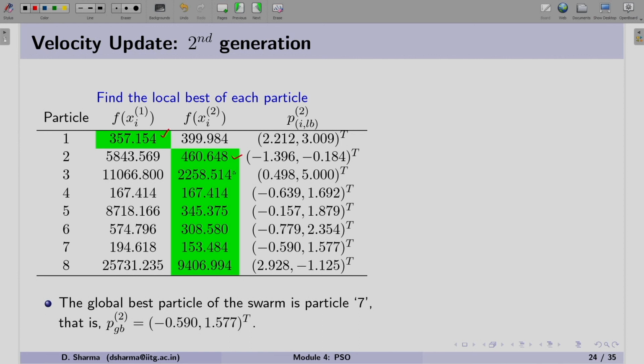If I compare the fitness of the local best of the particles in the green color, the best among them corresponds to solution number 7, meaning that solution 7 will become the global best of the swarm, and PG2 will become the global best of the swarm for generation number 2.